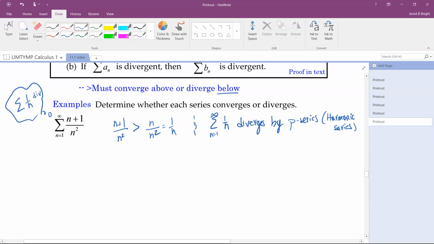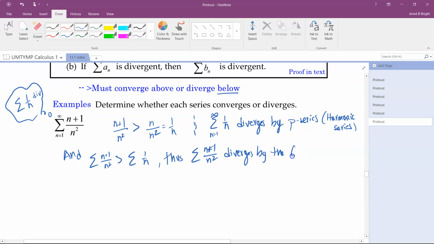And then I'm going to say the series of n plus 1 over n squared is bigger than the series 1 over n. Thus, the series n plus 1 over n squared diverges by the comparison test. And that would be my full conclusion.